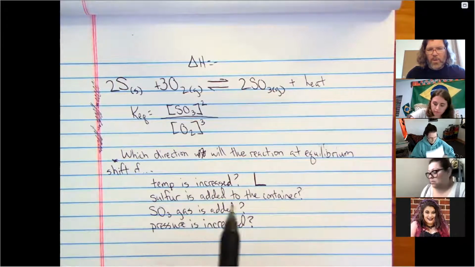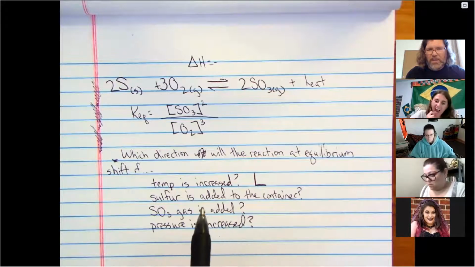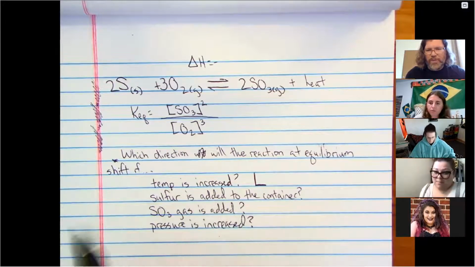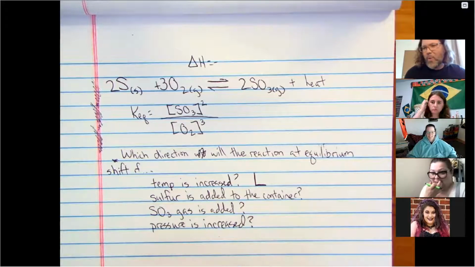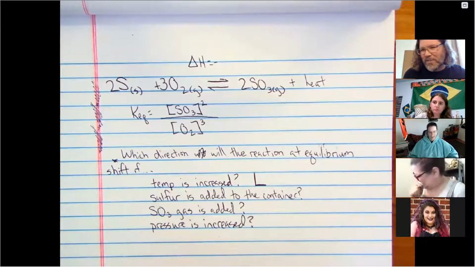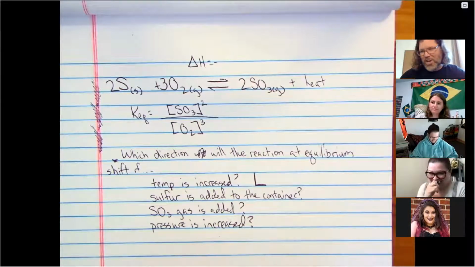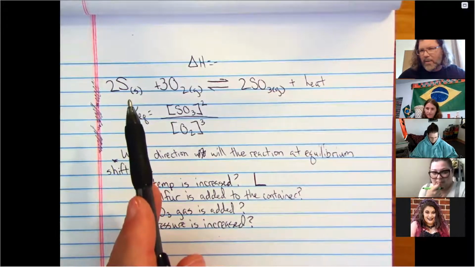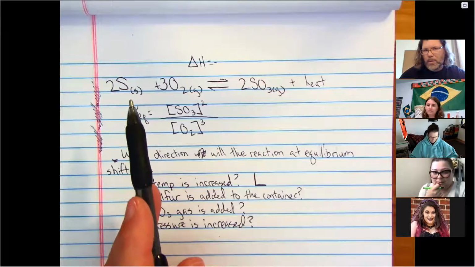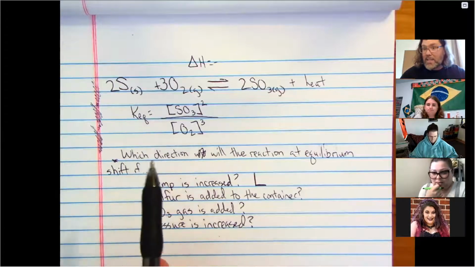All right, so 50-50 chance. Which direction do we shift if sulfur is added into the container? None. Nowhere. Very good. This was actually a trick. It wasn't a trick until I said 50-50 chance, because it's not actually a 50-50 chance. It's a 1 in 3 chance in this case. The reason sulfur doesn't affect the equilibrium at all is because it's a solid.